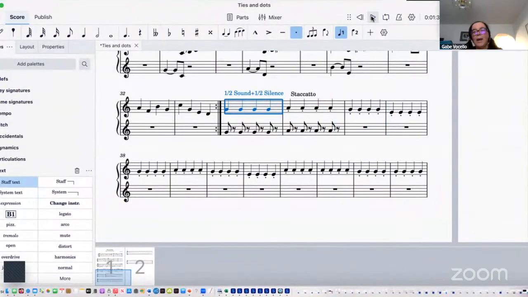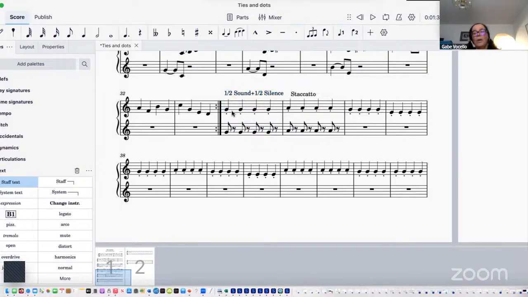Ta, ta, ta, ta, without staccato. Ta, ta, ta, ta, ta, ta, ta, ta. Staccato. Ta, ta, ta, ta, ta, ta, ta, ta.